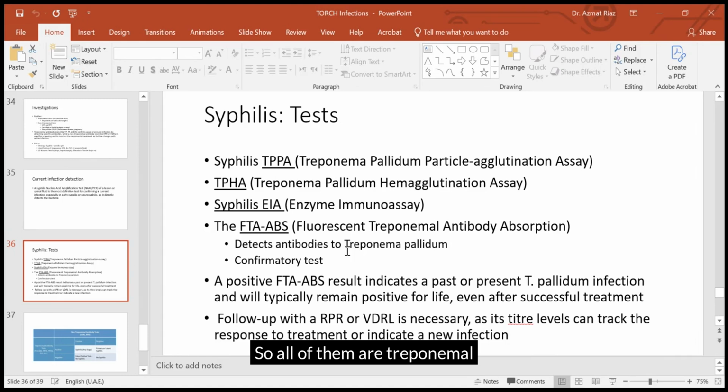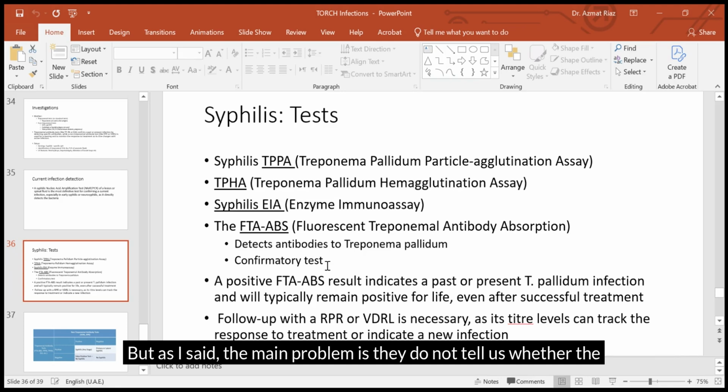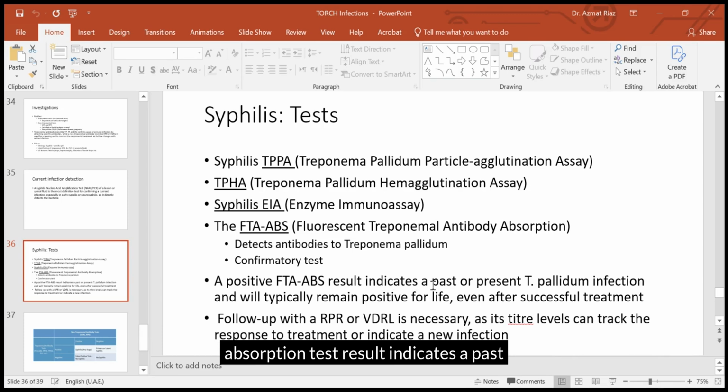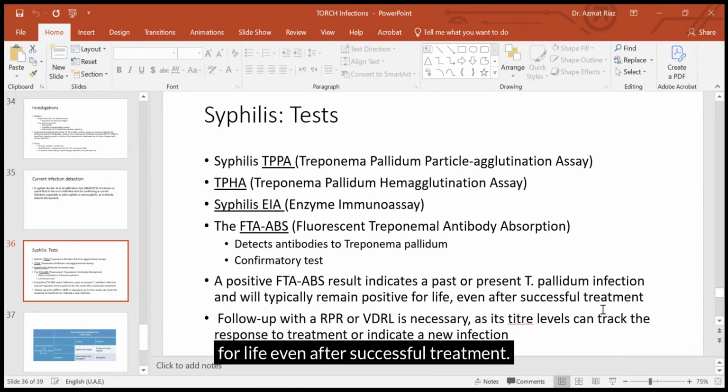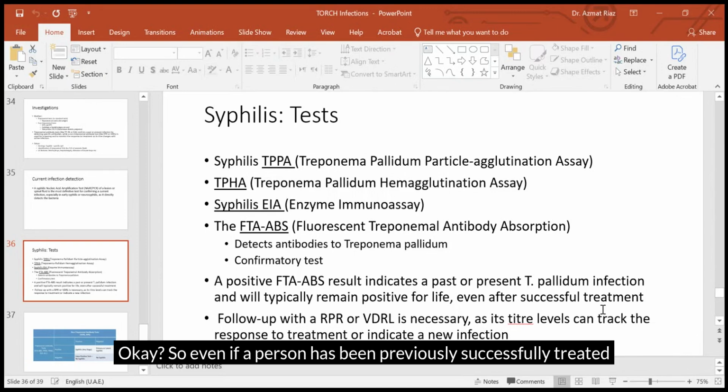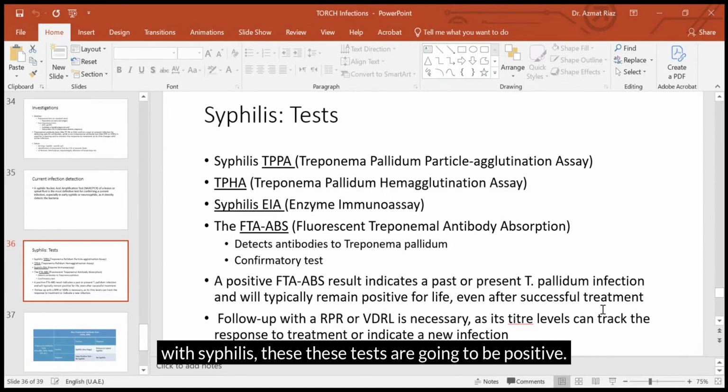So all of them are treponemal tests, and they are confirmatory tests. But as I said, the main problem is they do not tell us whether the infection is current or past, and that applies to all of them. A positive fluorescent treponemal antibody absorption test result indicates a past or present Treponema pallidum infection. It is true for all of them, and they will typically remain positive for life even after successful treatment. So even if a person has been previously successfully treated for syphilis, these tests are going to be positive.